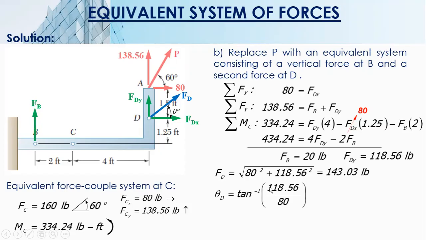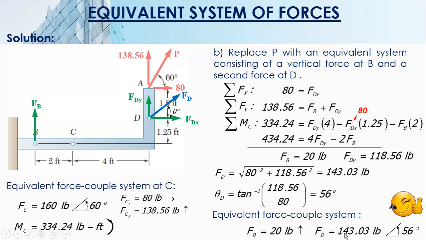Direction is arctan of Fy over Fx, 56 degrees. So remember, FB is 20, FD is 143.03 at an angle of 56 degrees. So the equivalent force system for letter B is FB of 20 upward, and FD of 143.03 at an angle of 56 degrees.